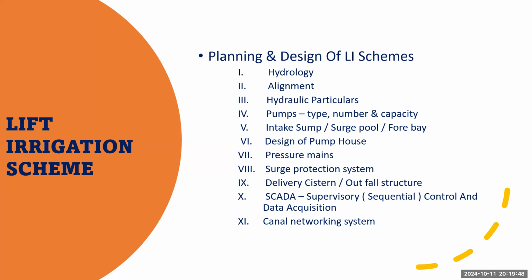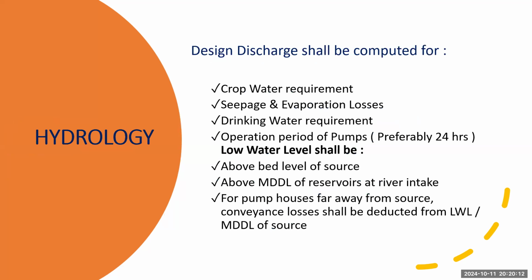When water is delivered in the delivery chamber, which is called the delivery system or outfall structure, after that the water is conveyed to the command area by the canal networking system. So these are the various steps. Now we are going to discuss all these steps in detail. The first is hydrology.